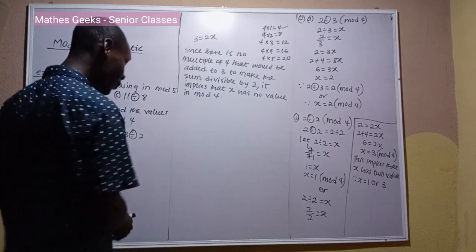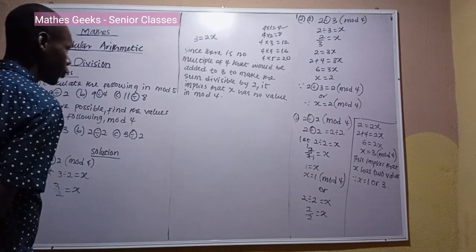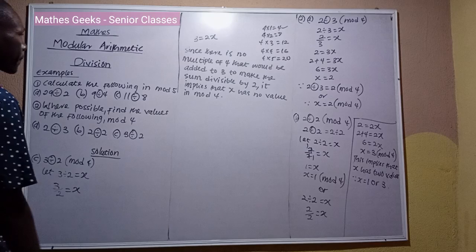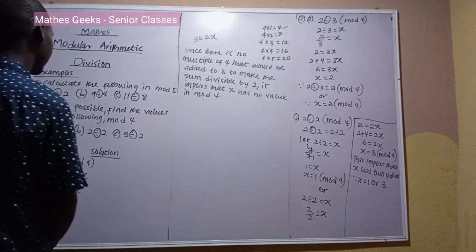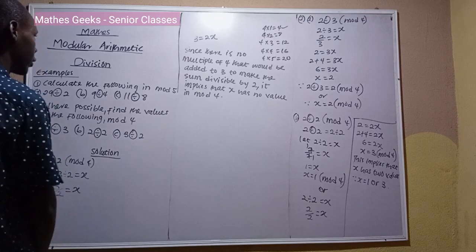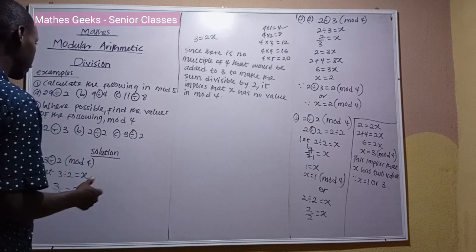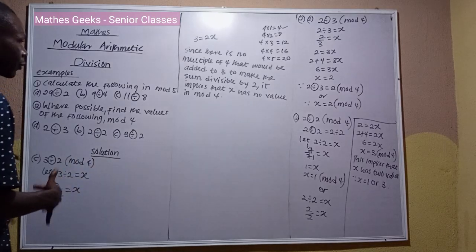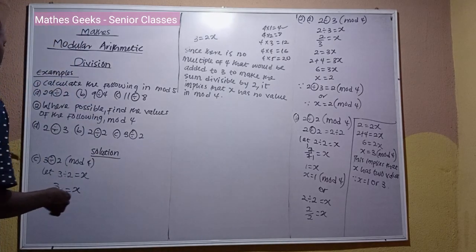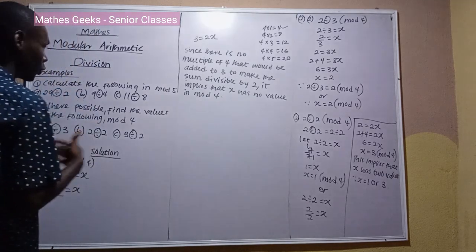So when it comes to division, there's a possibility that some divisions don't have a value. The reason is that division is still advanced at this point. There are times that you carry out division in some mod, and you won't have a value.